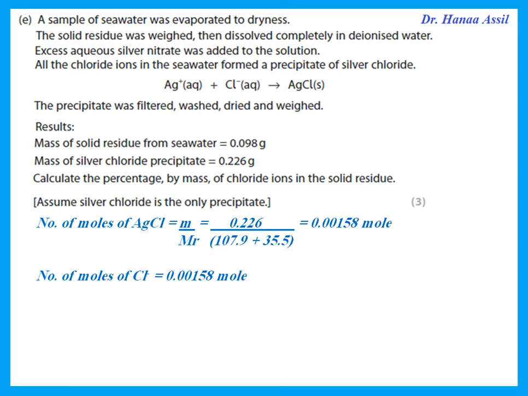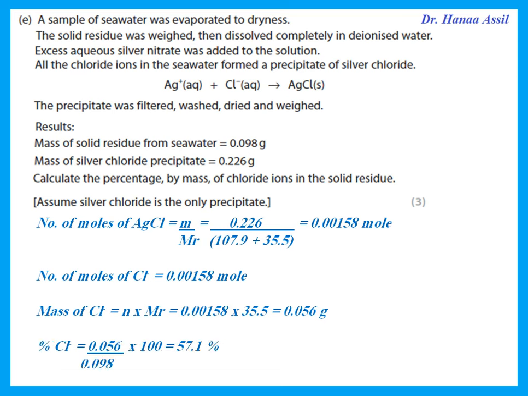Now, what is he asking about? He's asking about mass. So how do we get mass? Mass is number of moles times Mr, and then the percentage is that mass over the original mass of the solid residue times 100. This gives you the percentage.